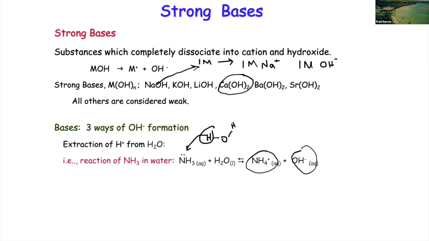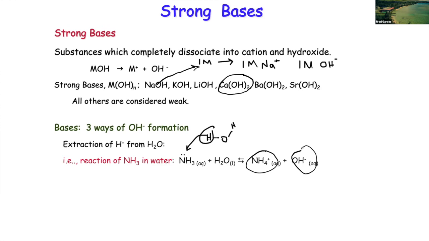When you have more hydrogen ions or hydronium than hydroxide, then the solution is acidic. You will always have a certain amount of hydronium and hydroxide, and it's balanced when it's neutral. When it's neutral, you have equal amounts of hydronium, H3O plus, and hydroxide.